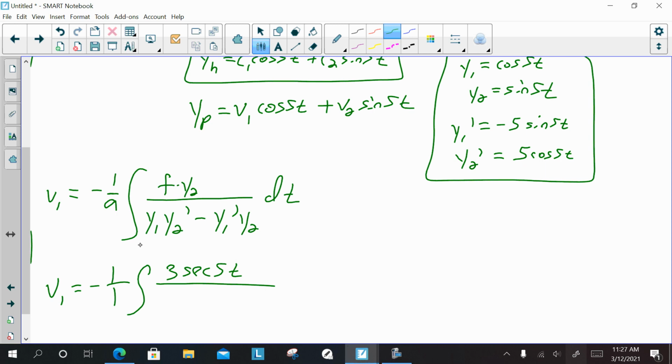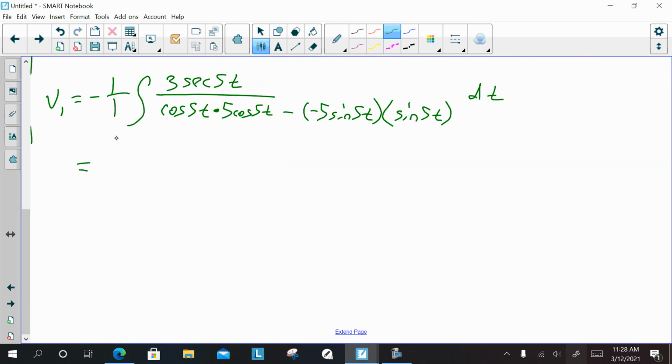All of that over Y1 times Y2 prime minus Y1 prime. Y1 prime is minus 5 sine 5t times Y2. And then integrate that with respect to t.